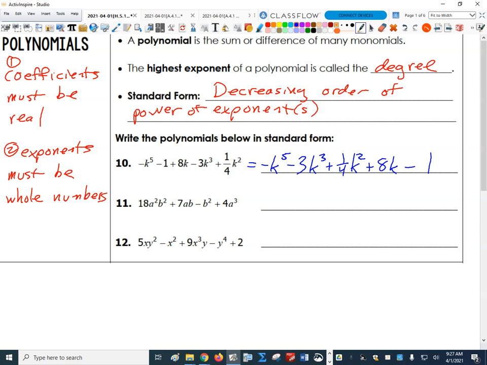How do we organize variables? Like if I have y times x times z, how would I write those? Alphabetically, right? We always want to organize our variables in increasing alphabetical order. And so we would take the first alphabetical variable and we would base it on that, okay?